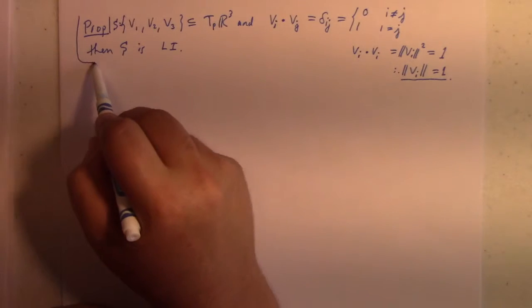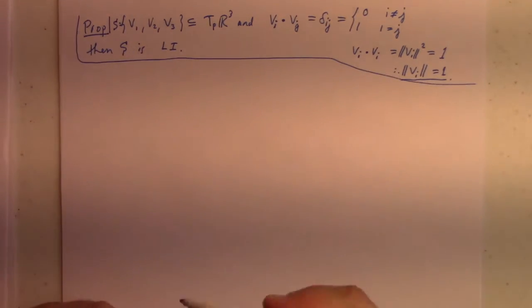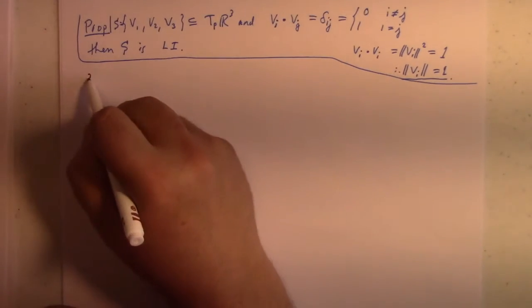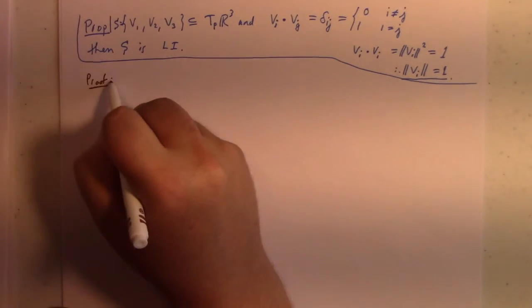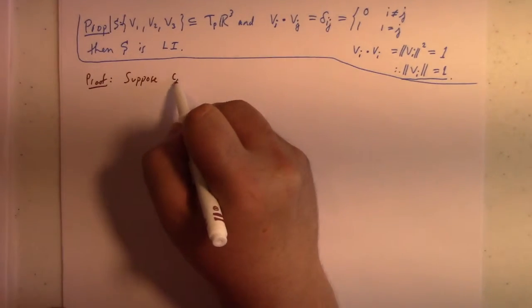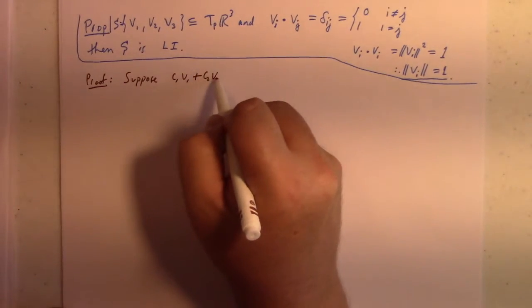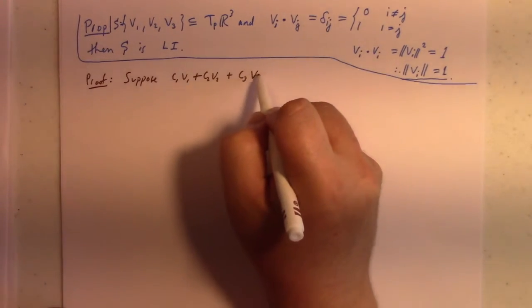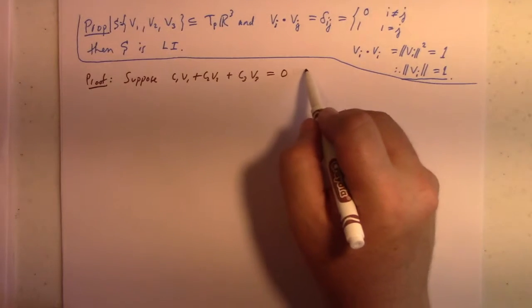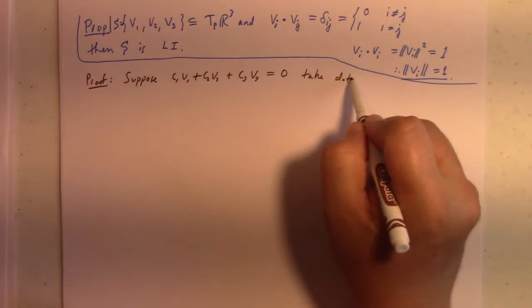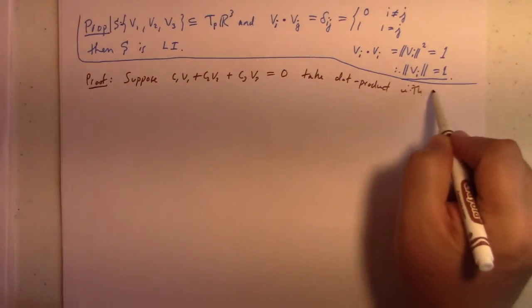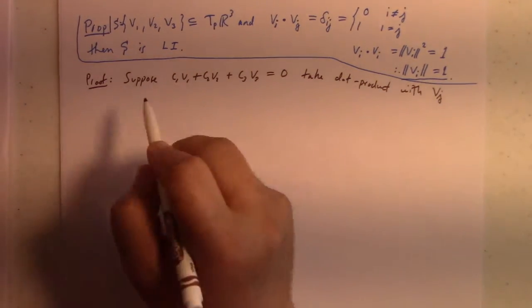All right. So how do we prove linear independence? Proof. Usual thing. Suppose C1 V1 plus C2 V2 plus C3 V3 is equal to 0. Then you take the dot product with, say, the jth one, all right?